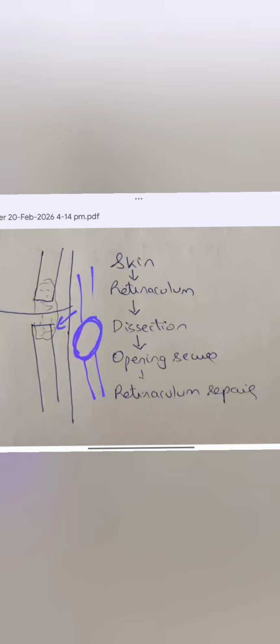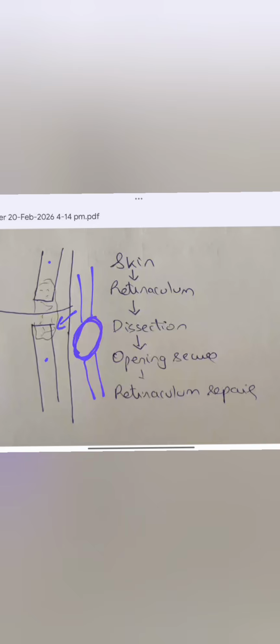After delineating properly using careful fine dissection, you will identify the medial head of gastrocnemius, the hamstring, and the Baker cyst lying between these two muscles.